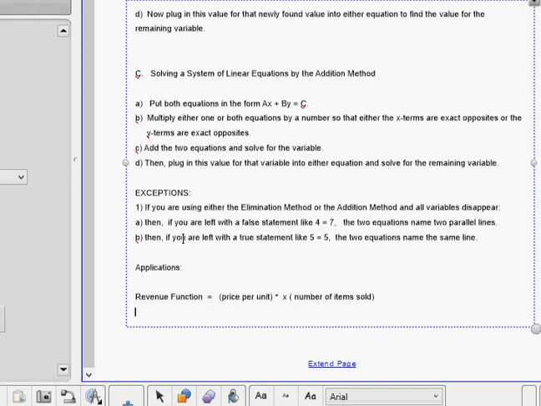We have the cost function, which is fixed cost plus cost per unit produced times number of items produced.